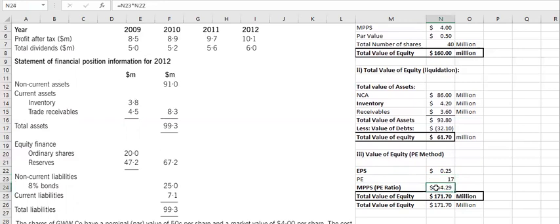But where we are supposed to calculate the total value of equity, we can simply calculate the total value by multiplying the total earning figure by the PE ratio, as we did here. So I hope it's clear now. You can use both the methods to find out the total value of equity. It's totally up to you.